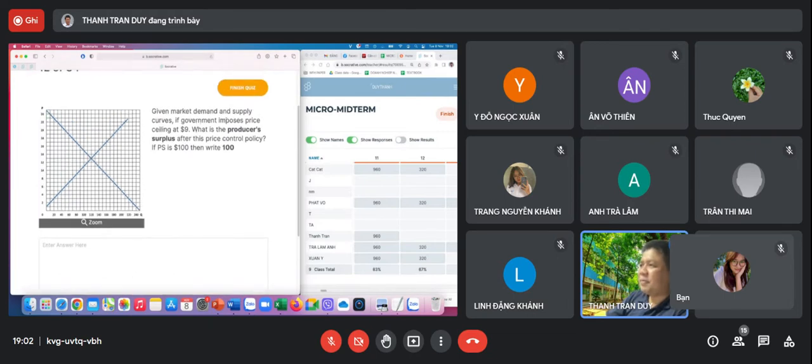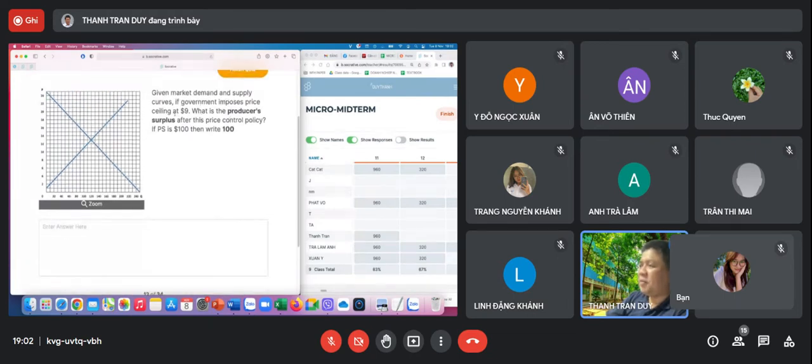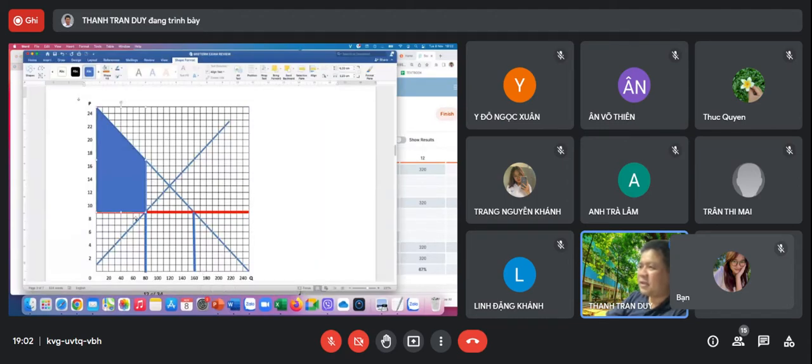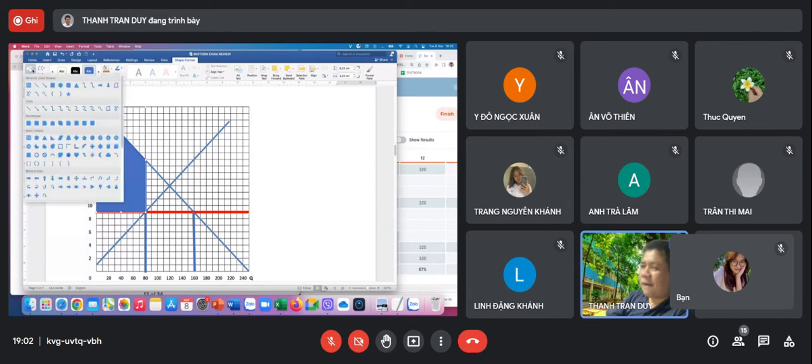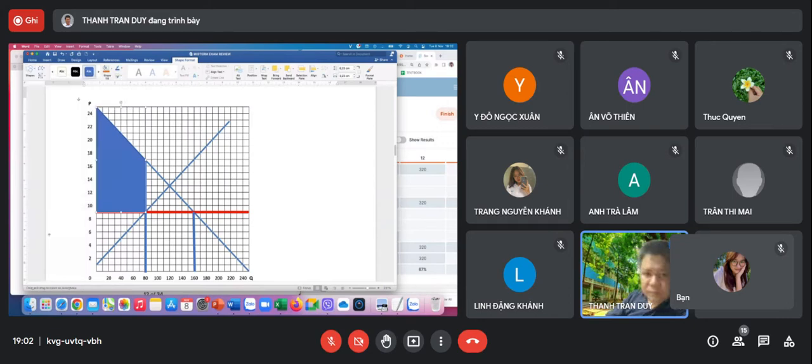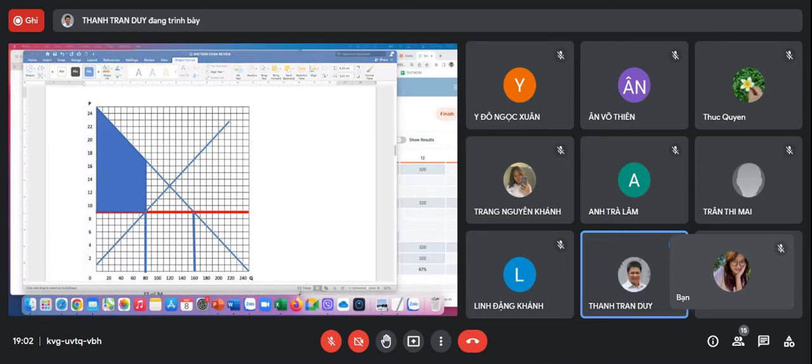Next, given market supply and demand, if the government sets a price floor at night, what surplus is produced? We have a producer surplus here.